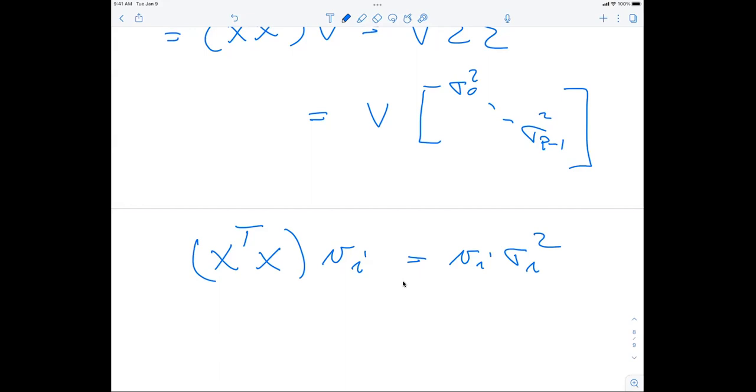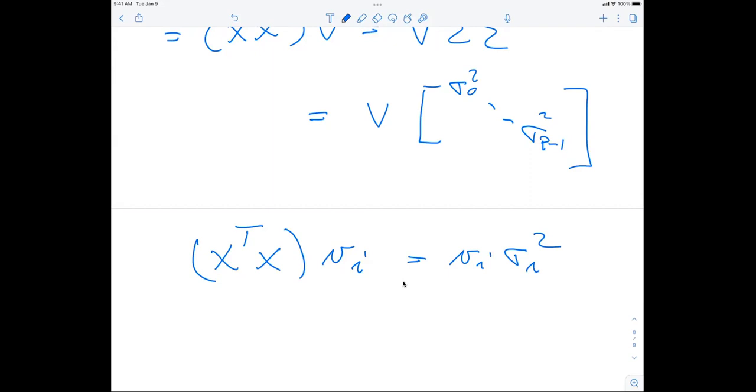But we already solved it, right? So what this says is that the eigenvalues of this matrix, X transpose times X, which is the covariance matrix, which by accident is also the second derivative of the ordinary least squares problem, are given by the singular values, with the orthogonal vectors v_i.